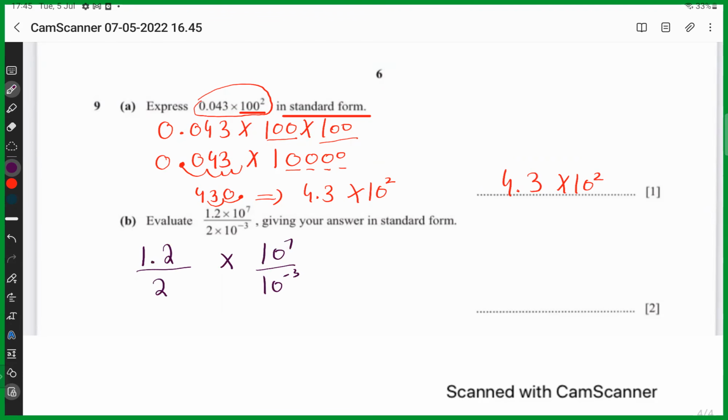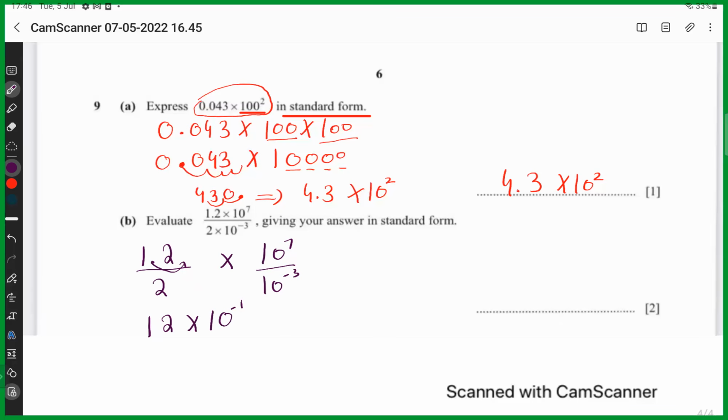So I can convert 1.2 to 12 by moving this decimal 1 unit to the right, and it would become 12 times 10 power minus 1. Okay. I've moved the decimal 1 unit to the right.